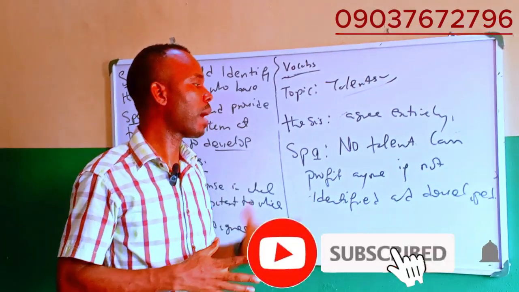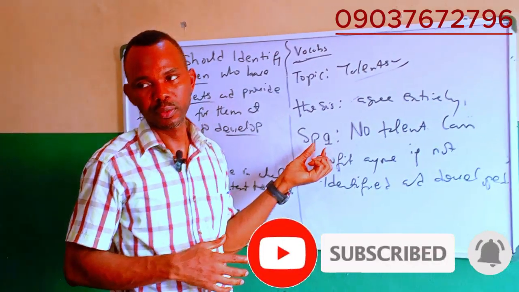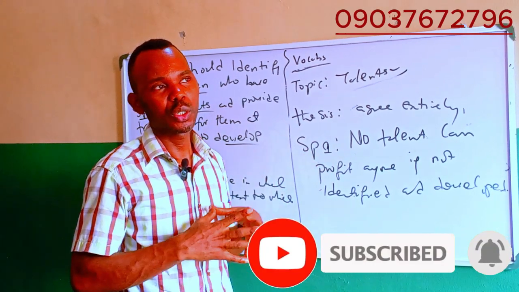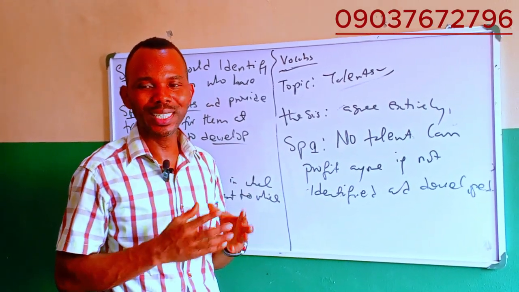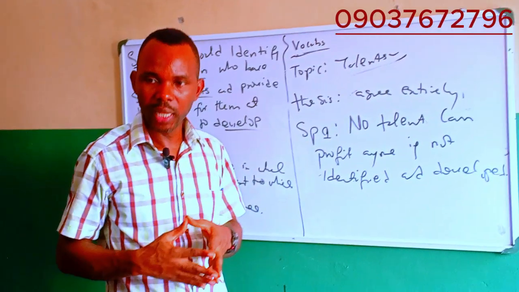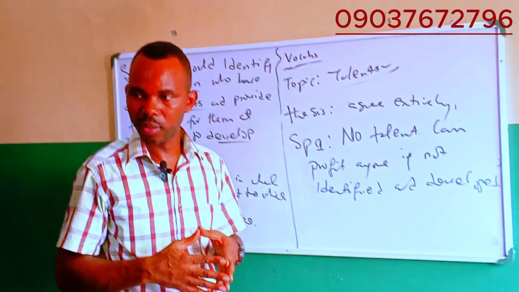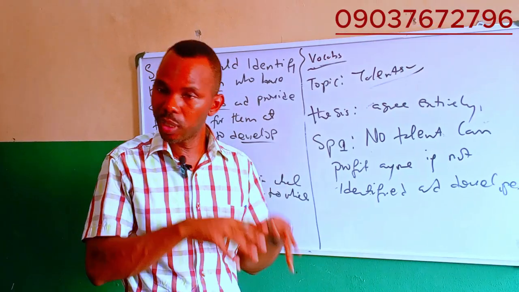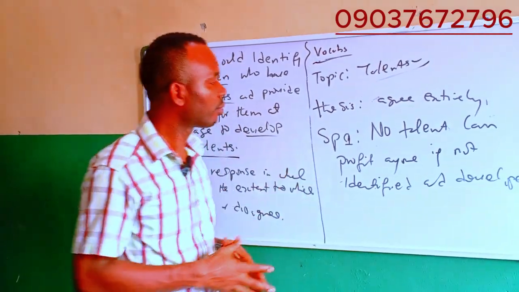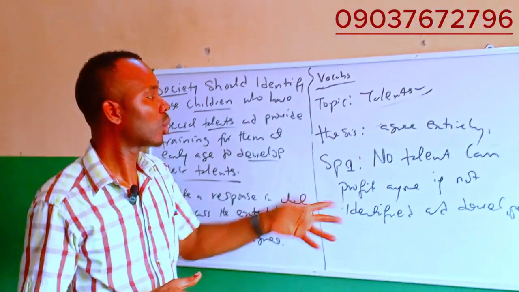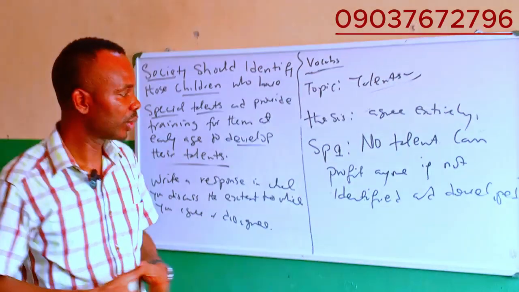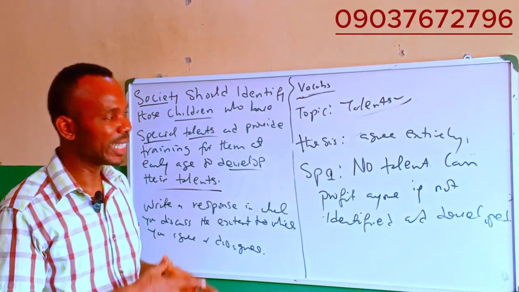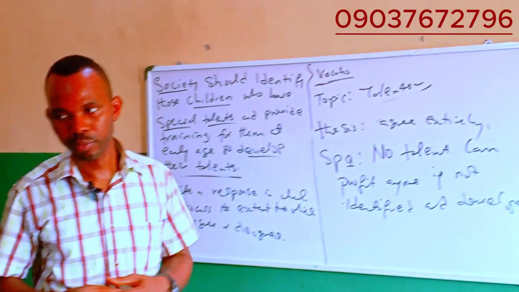This can actually be my first supporting point. You know, the supporting point is the reason why your thesis is your thesis. Do you understand? So if you agree, the supporting point is the reason why you agree. So now, I just came up with this: no talent can profit anyone if not identified and developed.